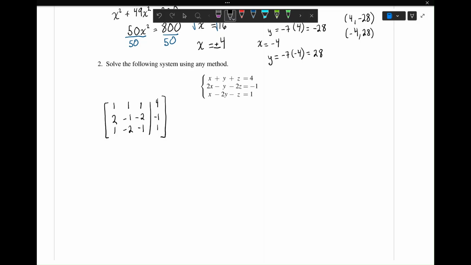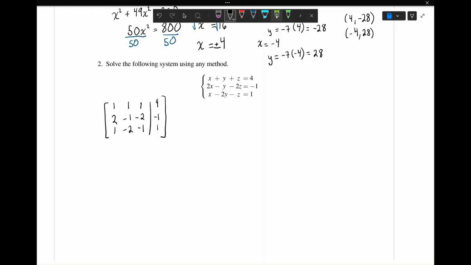So here, I have taken that system and written it in its matrix form, augmented matrix form. Remember, we can find the inverse of the matrix, but that's often kind of tricky with a 3x3. So I'm just going to do my normal row reduction method where I make zeros in columns.